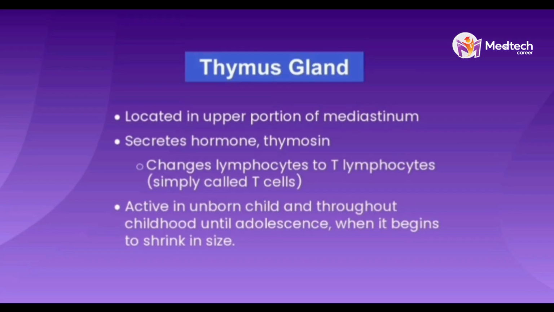The next lymphoid organ is the thymus gland. It is located in the upper portion of the mediastinum. It secretes the hormone thymosin, which changes lymphocytes to T lymphocytes. It is active in the unborn child and throughout childhood until adolescence, when it begins to shrink in size.